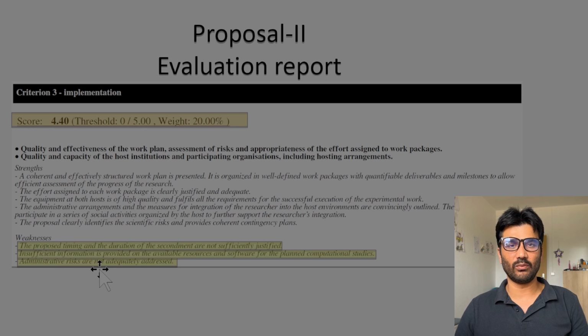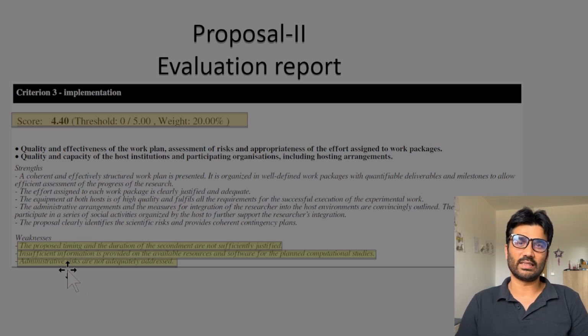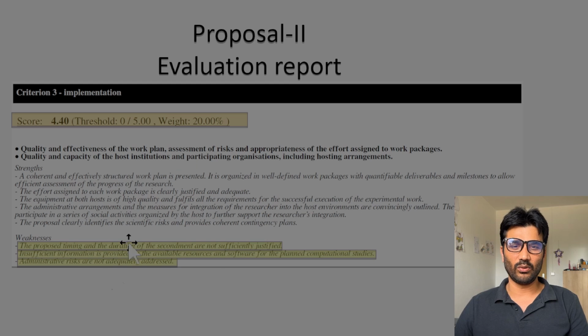I made one administrative risk section in my table, but maybe it was not clearly mentioned. So this is also something to be careful about when you're writing your proposal. I'm still not sure what administrative risks can be on the way. For example, I wrote for my second host that I would need a visa, and I would apply early so that I get a timely visa and can visit my second host.